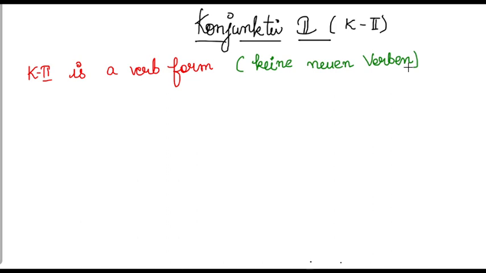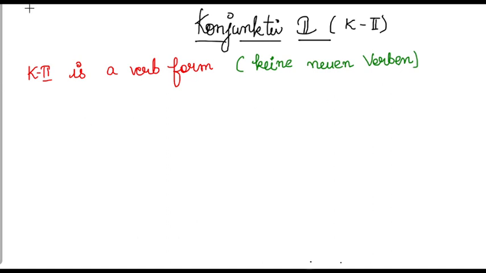Similarly, with the modal verbs, we do a sort of conjugation for them. On the same lines, on the same grounds, we have the Konjunktiv II. Again, there are some very basic sets of rules and very basic conjugations.